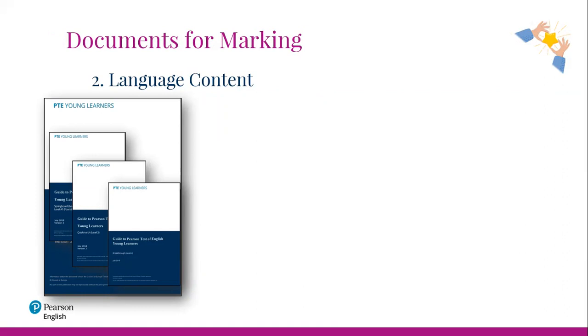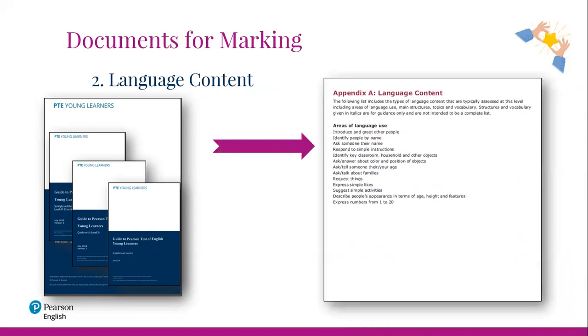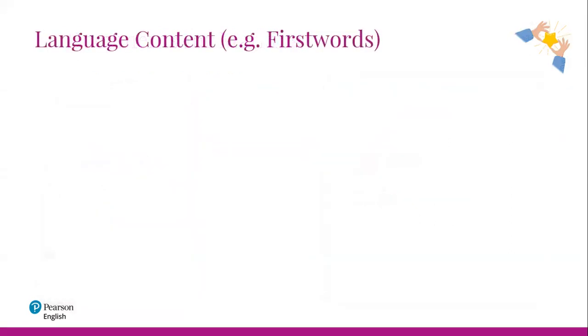Analogically, language content is a separate document for each level. So there is a separate language content document for every level of this examination. And in this language content document, you will find 4 pieces of information about the language that we expect at this level.